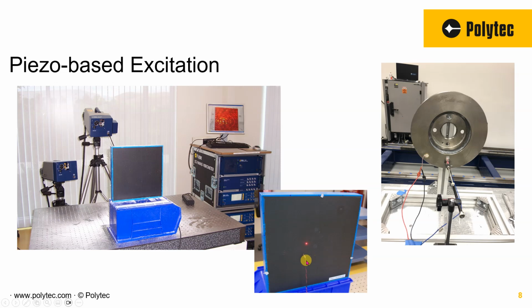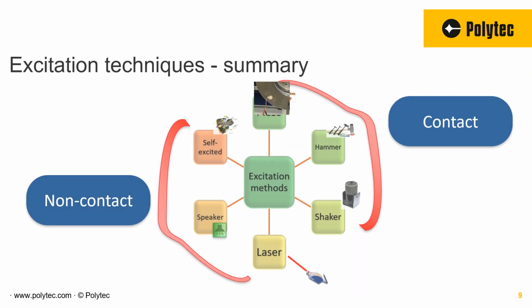In this case, we are using a piezo stack. Again, good for continuous excitation, high frequencies that go beyond what the modal hammer or a shaker can handle. The one drawback is that for traditional modal, you want that force input or energy input, and you need a special type of piezo to do it. It's not inherently measuring the force input as well. So something to keep in mind if you consider the piezo excitation.